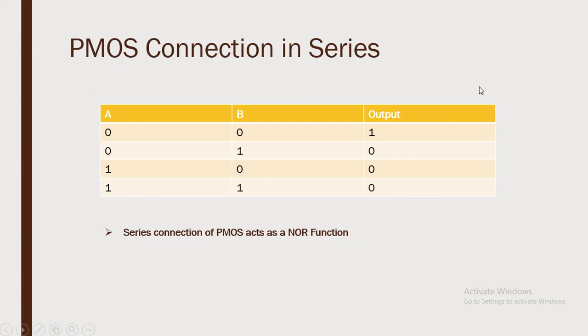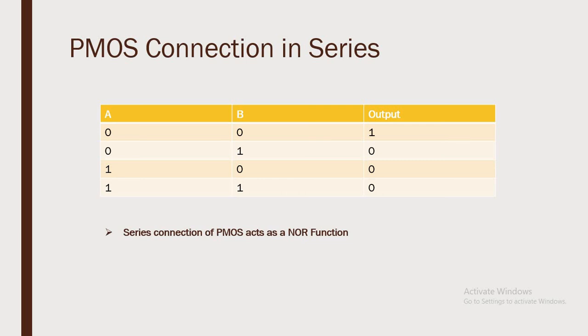That truth table is very similar to the NOR gate truth table, which is totally opposite to the OR function. In the OR function, if only a single input is 1, then our output becomes 1. But the NOR gate is totally the opposite of the OR gate.